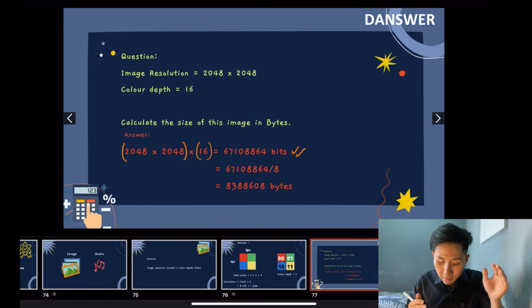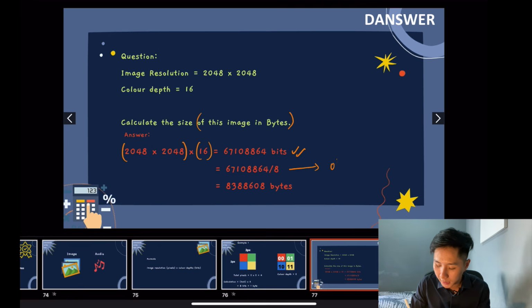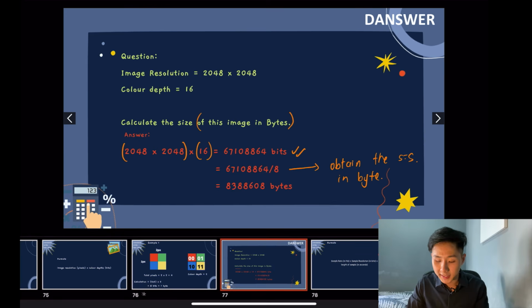But note here, the question says I want the size of this image in bytes. Therefore, one more step is needed, which is to divide by 8 to obtain the storage size in bytes. Okay, so that's how we get our answer. That's how we calculate the size of an image. All right, it's pretty straightforward.